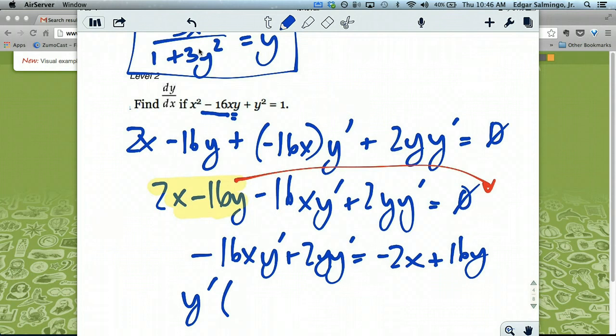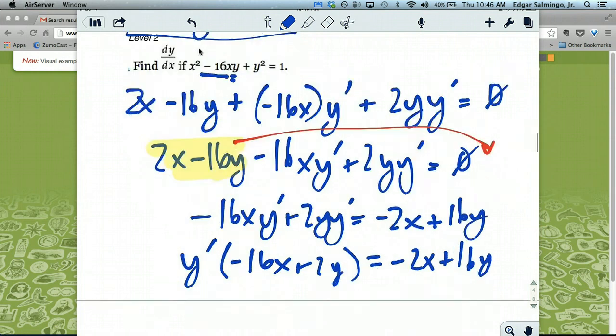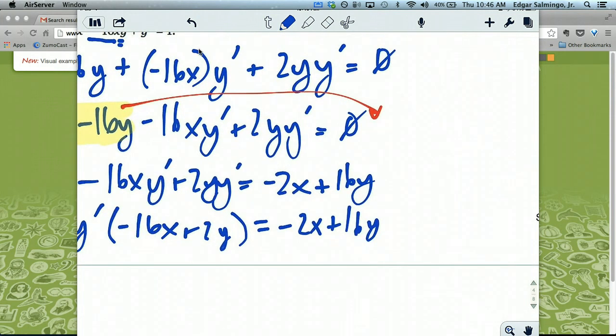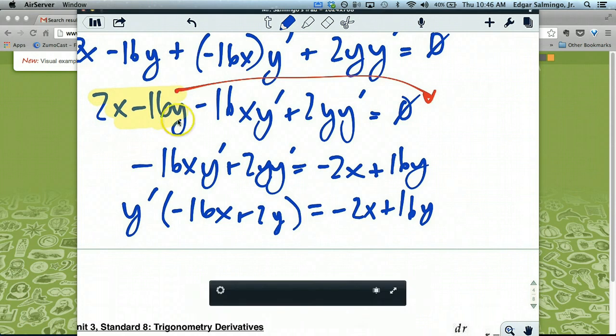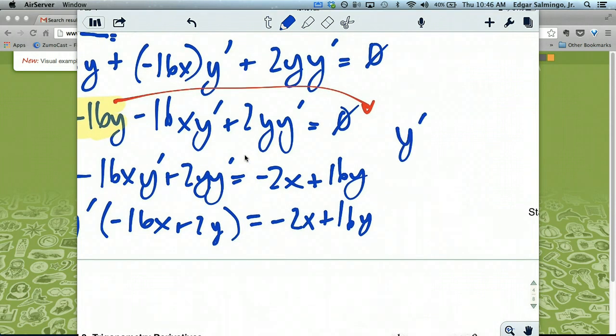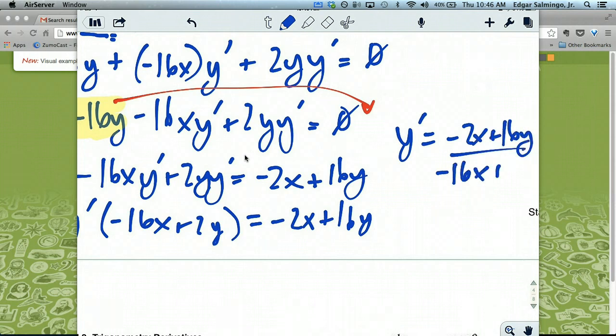This gives me a negative 16x plus 2y. And then the very last step, what you're going to do, I'm out of space, is divide both sides by the parentheses. So this parentheses right here, you'll divide by both sides. So your answer should be y prime equals negative 2x plus 16y all over negative 16x plus 2y.